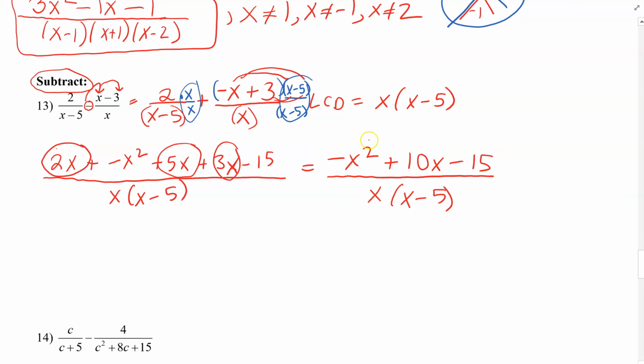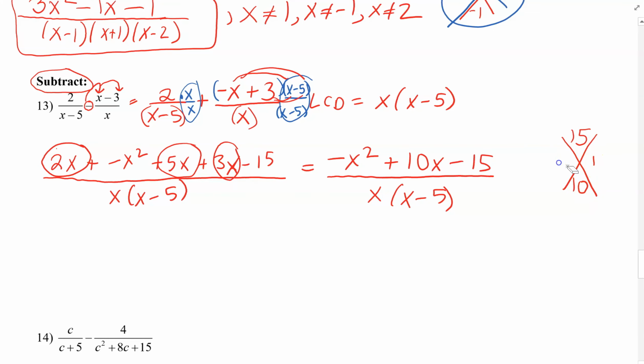Because, again, it's a quadratic trinomial, I should just check and see if possibly it can factor and maybe cancel with one of these. So I'll do a times c. Negative 1 times negative 15 is positive 15, and then there's a 10 here. So I would need to find factors of 15 that add to 10, which again is not possible because there's 15 and 1, but that would add to 16.